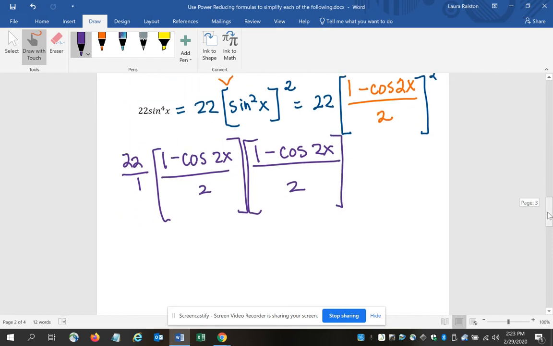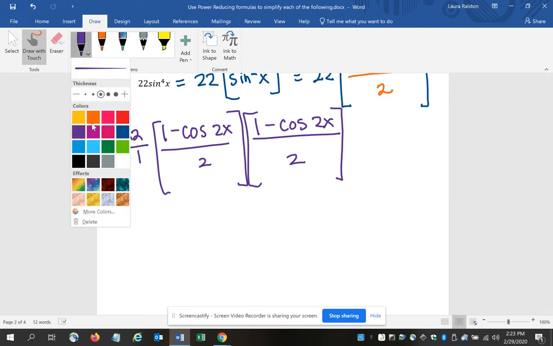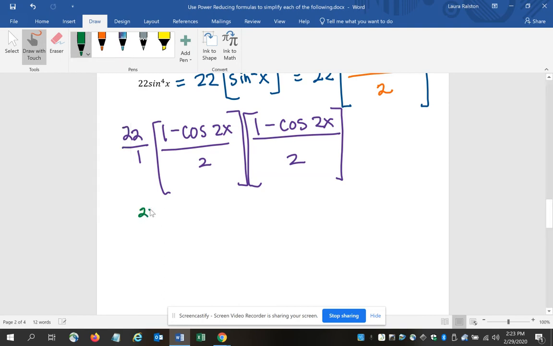And so the 22 is going to kind of hang out front for a few minutes. I can multiply. Let's see, we would have 22 over 1 times, I'm going to multiply the denominators together. 2 times 2 is 4.